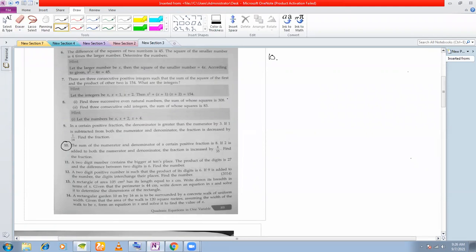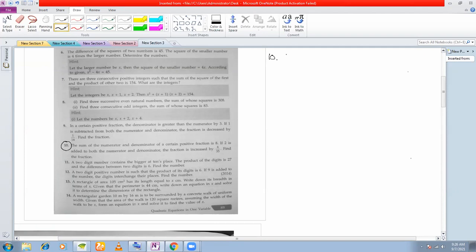Okay. Number 10 here states that sum of the numerator and denominator of a certain positive fraction is 8. Next part is, if 2 is added to both the numerator and denominator, the fraction becomes 4 by 35. Find the fraction.